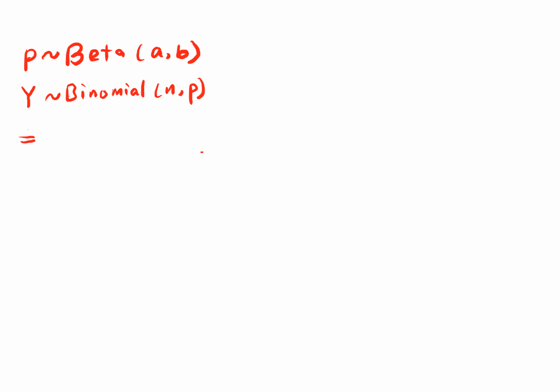The last part of this unit is to formally derive that if I have a beta(a, b) for the prior, and my sampling density is a binomial(n, p), then how can I formally prove that my posterior is a beta(a + y, b + n - y)?